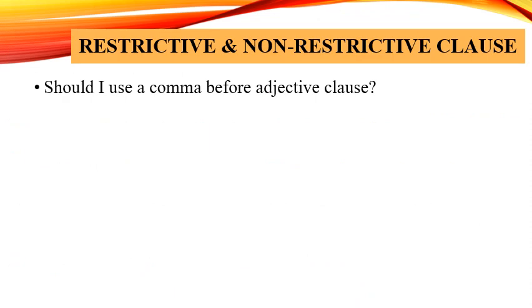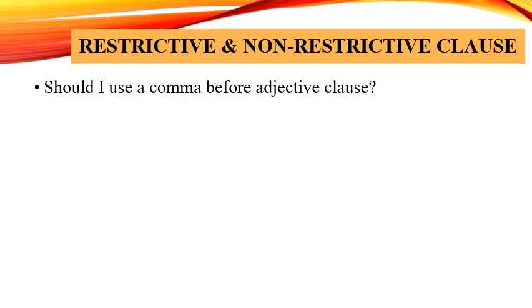Now, we have two types of adjective clauses. In this part, we have restrictive and non-restrictive adjective clauses. What's that? For example, we've got many inquiries from students who might ask whether they can or they have to use a comma before and after the adjective clause.